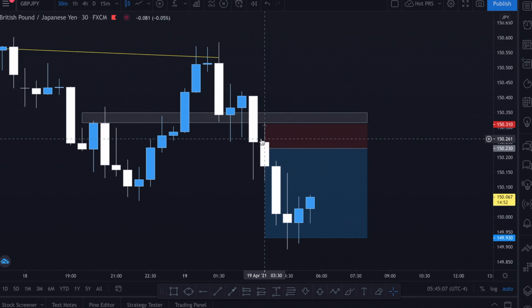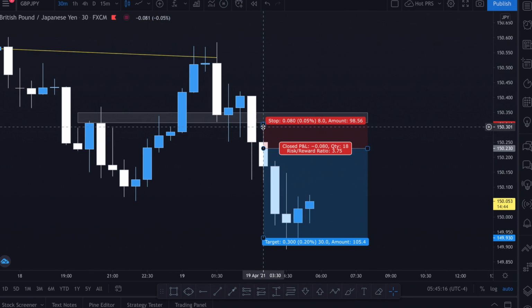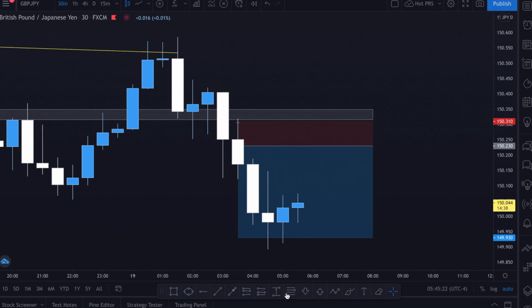So by the time I finished looking over everything, price action was already going down, so we had the bearish push. So my entry was supposed to be somewhere right here, but I missed that entry.